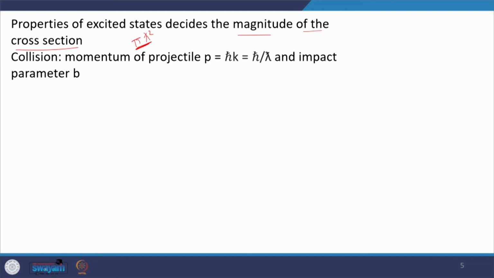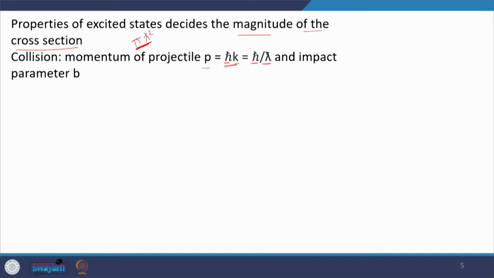Now, to express it in a better way when the resonance phenomenon is considered, I am assuming this process as a collision between two parameters. Number one, the momentum of the projectile, reduced Planck's constant times the wave vector k, which can be represented as reduced Planck's constant divided by the reduced de Broglie wavelength, okay, and the impact parameter.